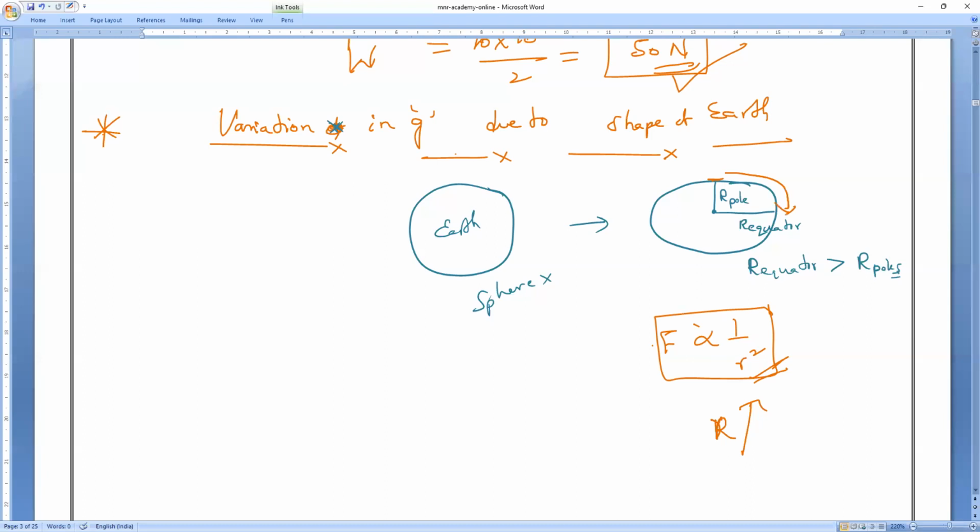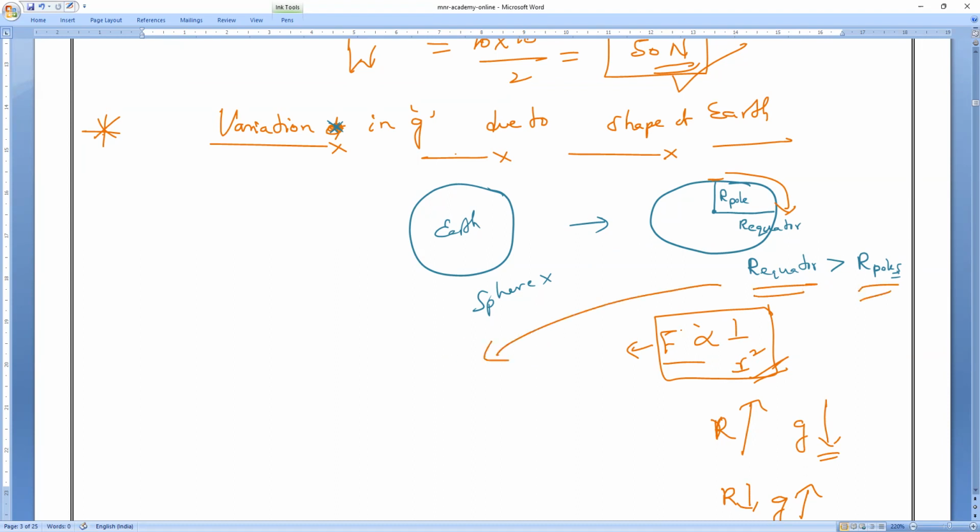So both are inversely proportional. Force means gravitational force. So what will happen to g, inversely proportional or directly proportional? Decreases. Yes, decreases. So as radius increases, g decreases because both are inversely proportional to each other. Now, as radius decreases, g value increases. So the radius at the equator is greater than the radius at the poles.